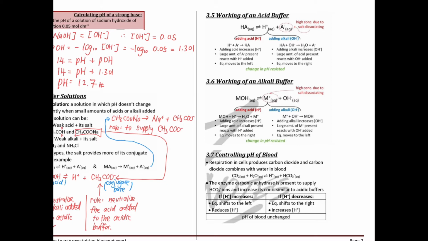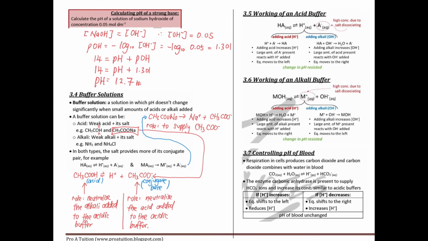HA dissociates to become H plus and A minus. For example, this is the equation. The acid dissociates to H plus and CH3COO minus. As in here, this one is similar to that.